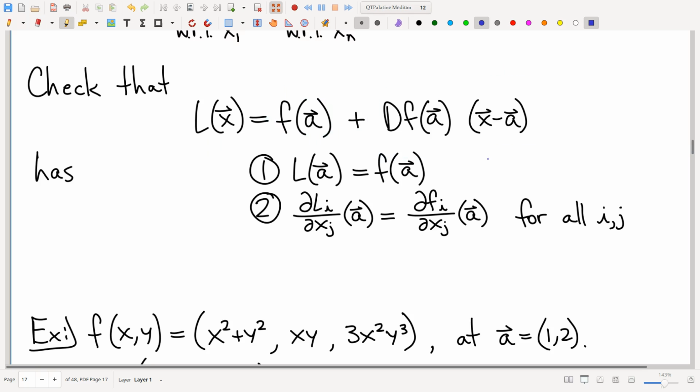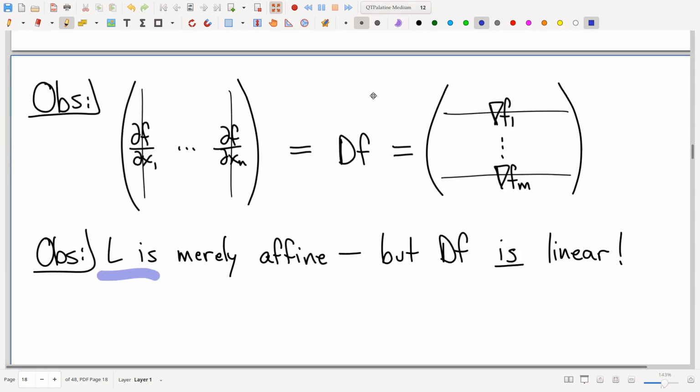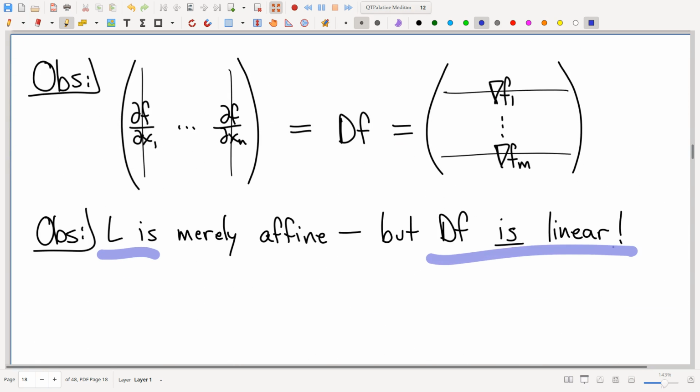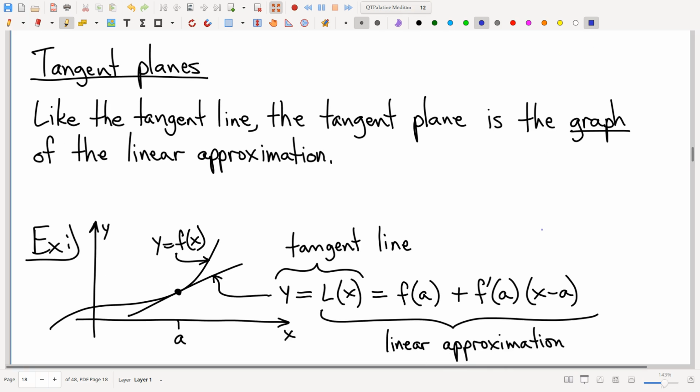Most of it is this action of this matrix, a matrix being multiplied by a vector. And if you ask yourself, what do you get when you make a function by multiplying a matrix times vectors? You get linear transformations, literally linear transformations. So L is not linear, but DF is linear. And since DF is doing the heavy lifting, most of what's happening is what DF is doing. The term is tolerable.